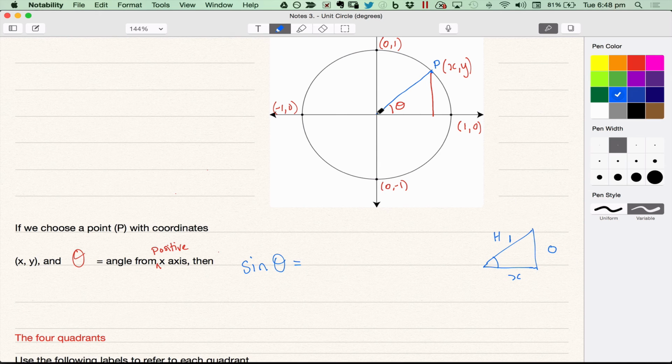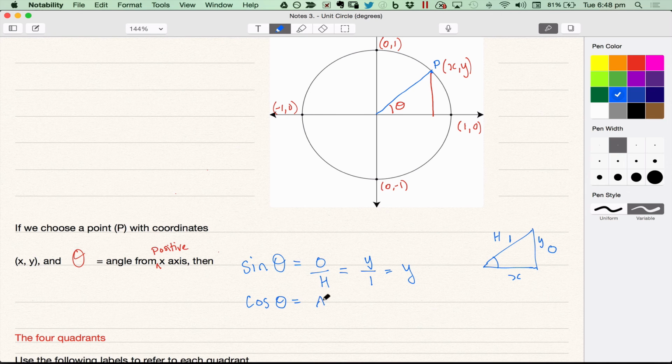This length here is whatever the y value is of the point P, so I'll put y. So sine theta is opposite over hypotenuse, which is y over 1, which is y. So sine theta is this y value of the point P.